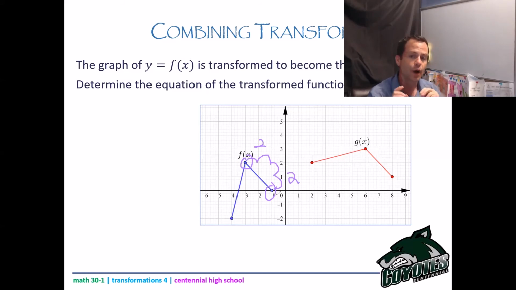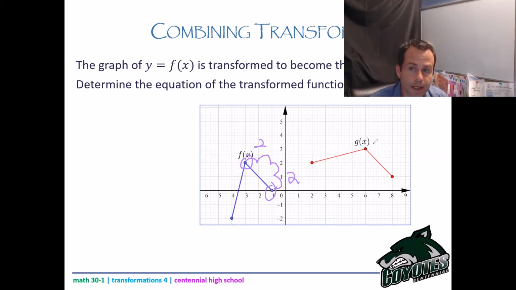Okay, so I'm looking for which 2 points are now connected by a horizontal aspect of 4 and a vertical aspect of 1. Okay, do you follow what I did there? I took the 2 that was the horizontal and applied my horizontal stretch. And I took the 2 that was the vertical and applied my vertical stretch.